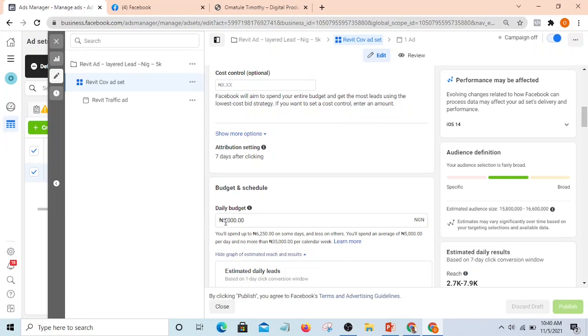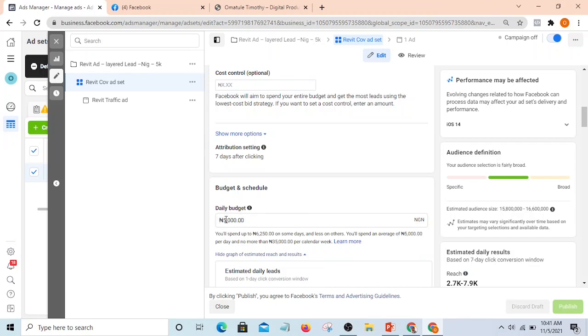If I increase it to 10,000 naira now, I will be able to reach more people. That is vertical scaling. And I hope you now understand the difference between vertical scaling and horizontal scaling.